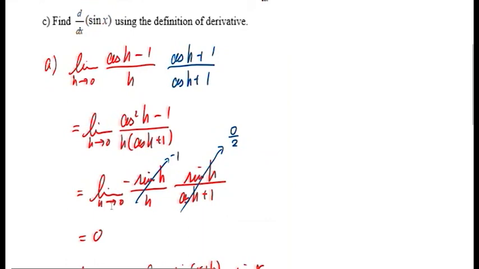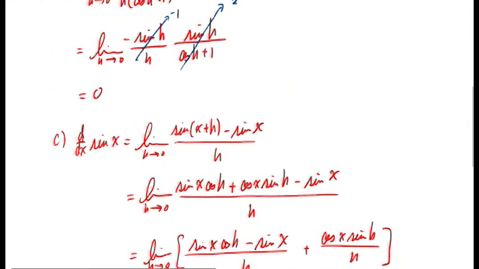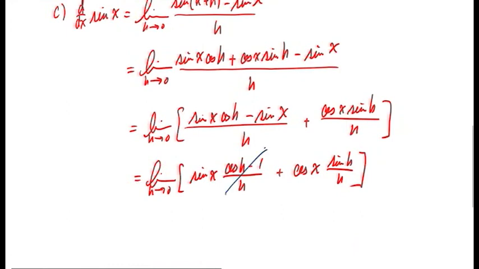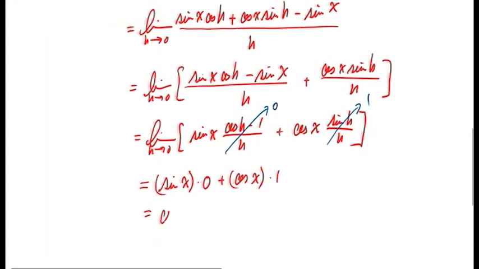That's 0. Okay, that's nice. So this becomes 0. And then this, of course, is 1, eh? Remember, sine h over h as h approaches 0. So what we have is first term sine, it does not have h in it, so it is sine x times 0 plus cosine x times 1, eh? So as we believe, we have cosine of x.